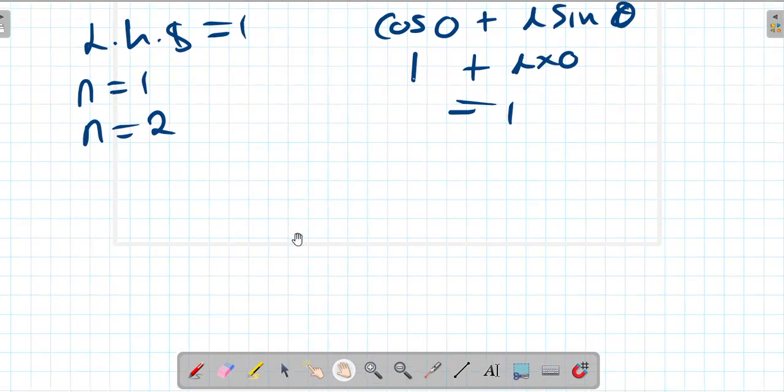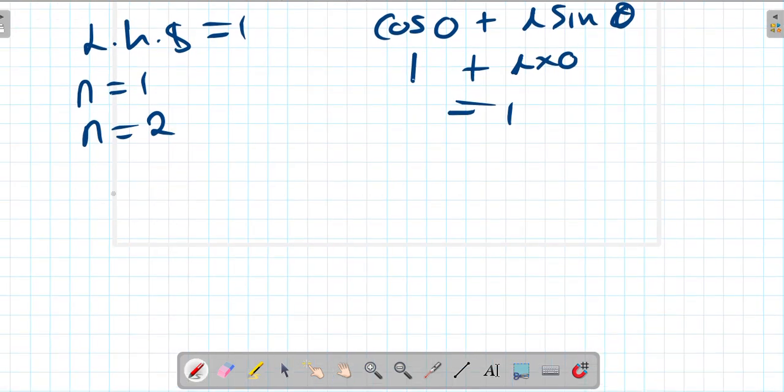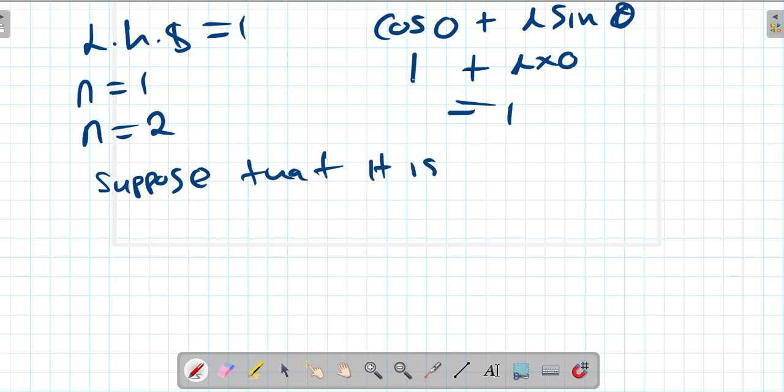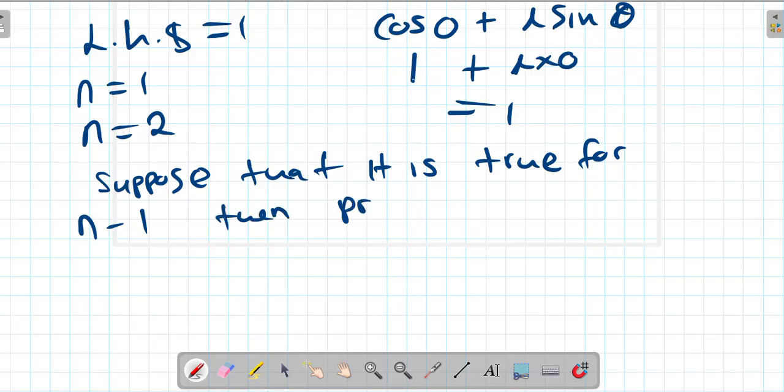Alright, now that the basic step is proved, we're going to suppose that it is true for the n minus 1 step, the step just before the nth step, then prove it for the nth step.